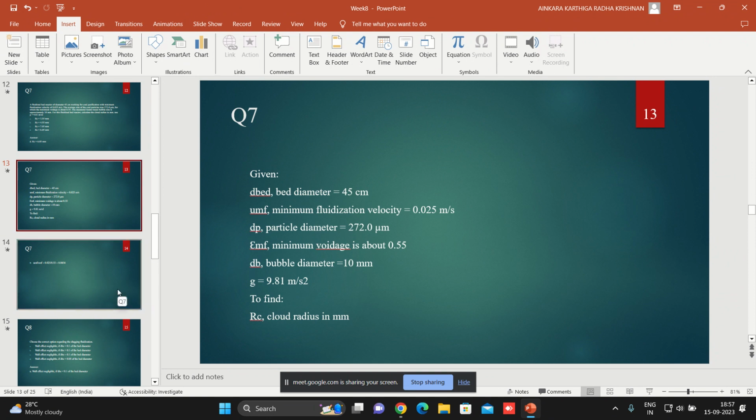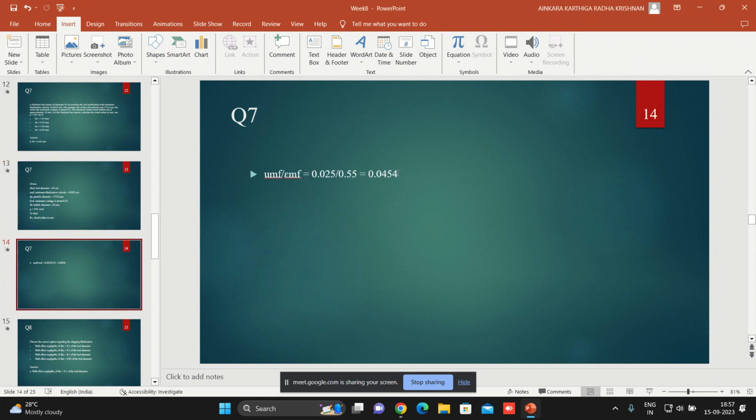Now, similar to the previous problem, you need to find the bubble rise velocity. Before finding that, we need to find d_B by d_bed.